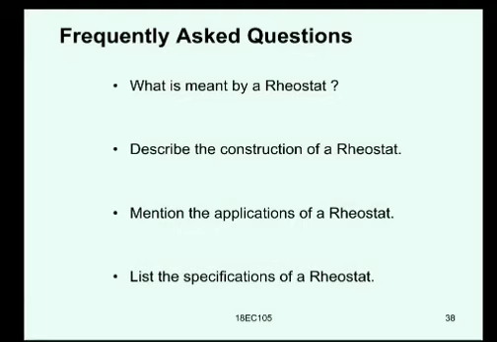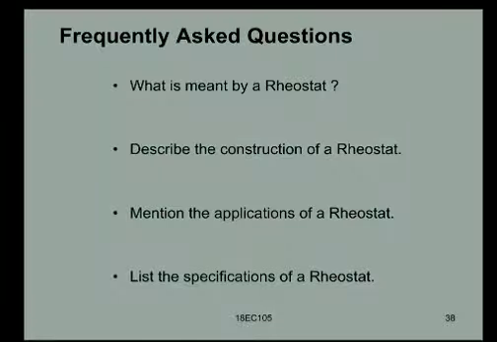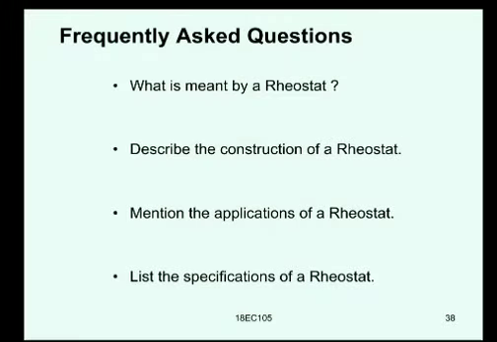Then you can also mention the type of variation you want, whether it is a sliding type or a rotational type. So these are all coming under the point of specification. We have also seen some motorized control of rheostats. So there you can see how many types of specifications you have.